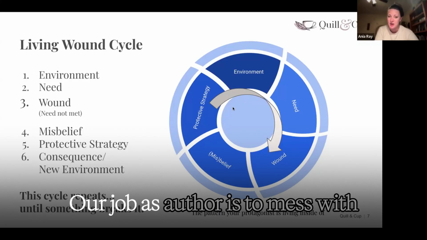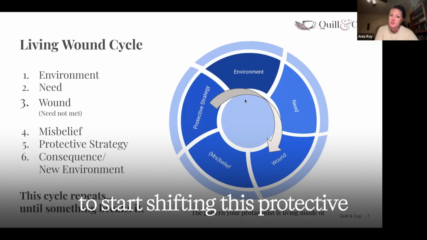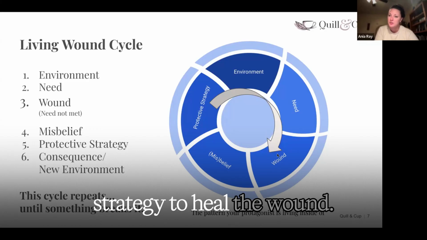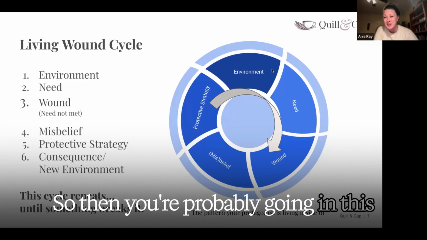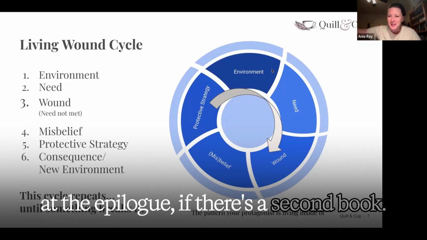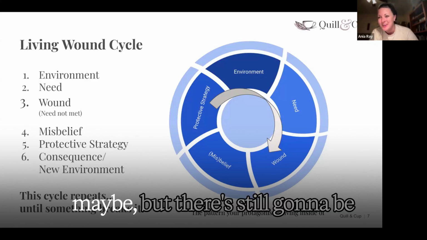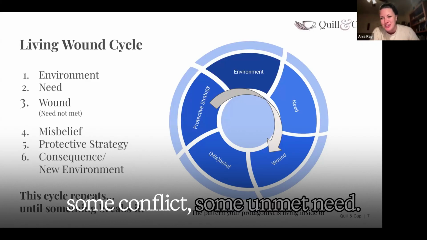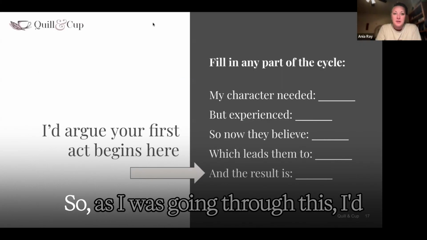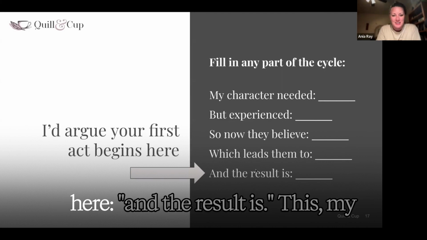Our job as author is to mess with something in this misbelief enough to start shifting this protective strategy to heal the wound. So then you're probably going in this new environment at the end of the book, at the epilogue. If there's a second book, yes, our character is happy now, maybe, but there's still going to be some conflict, some unmet need. So as I was going through this, I'd argue that your first act begins right here.